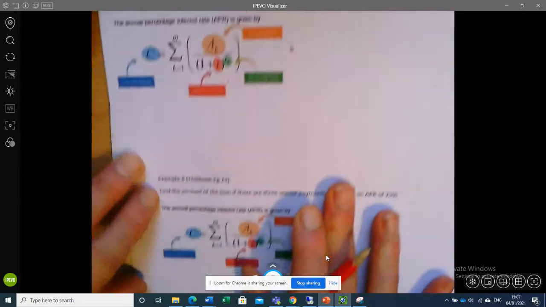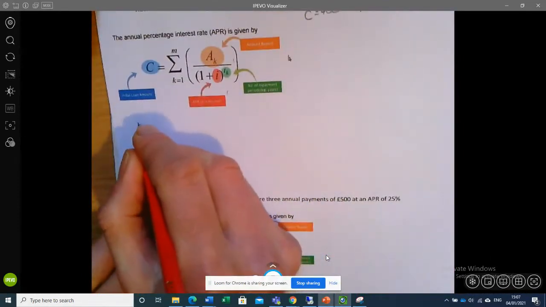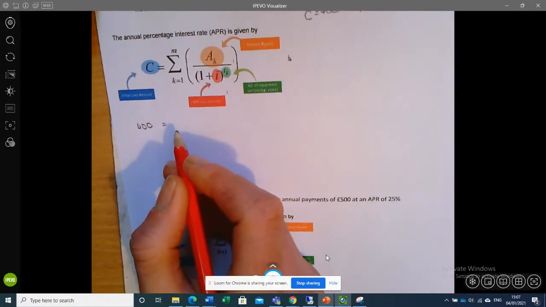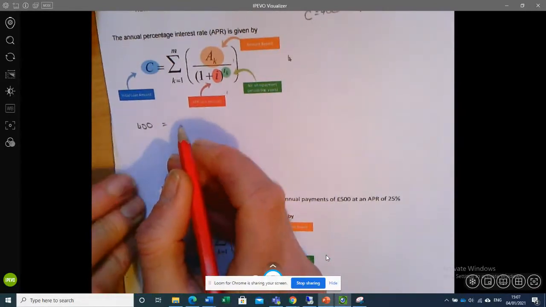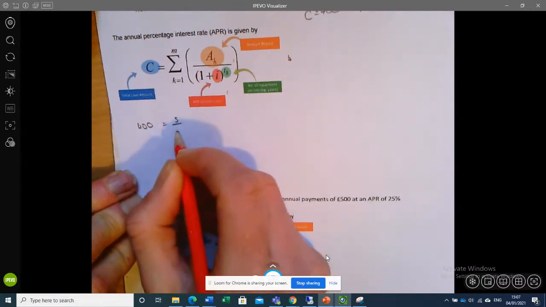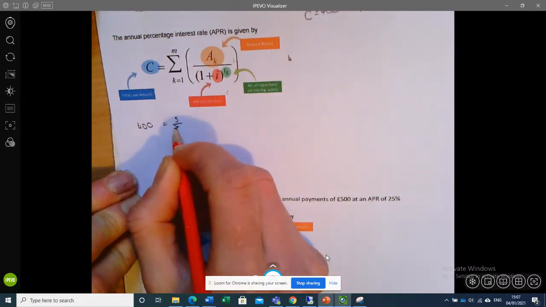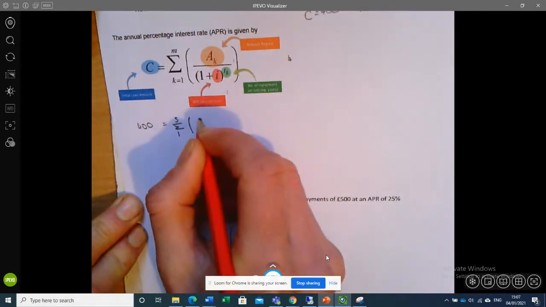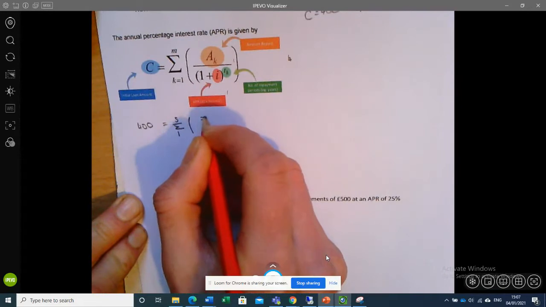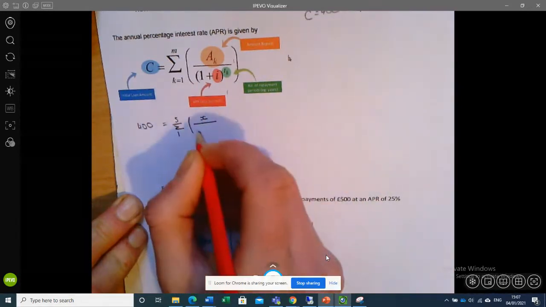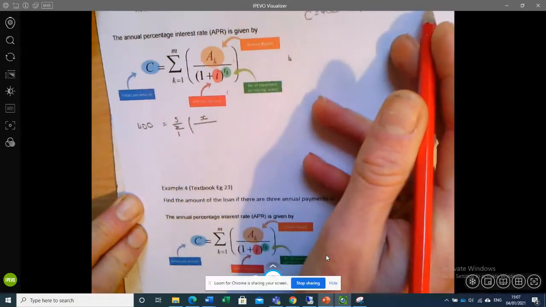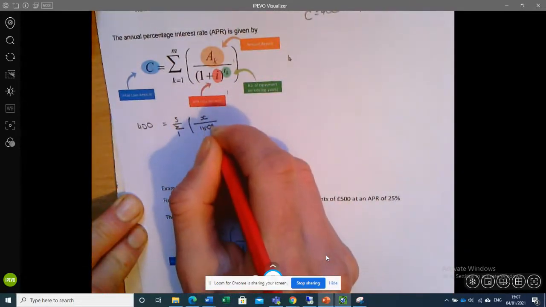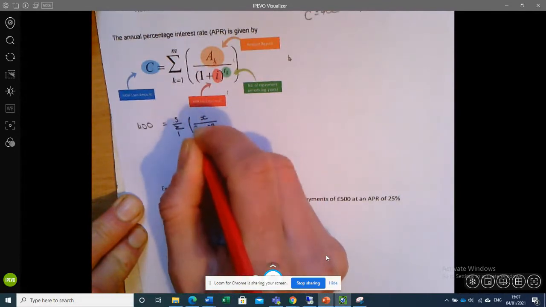I'm going to need more space, so I'm going to go down the bottom here. So 400 is equal to, well, we want the sum of the repayments. So let's do this first: the sum from 1 to 5 of the total repayment x over 1 plus 15.09, so I'm going to simplify that straight away, 16.09 to the TK.